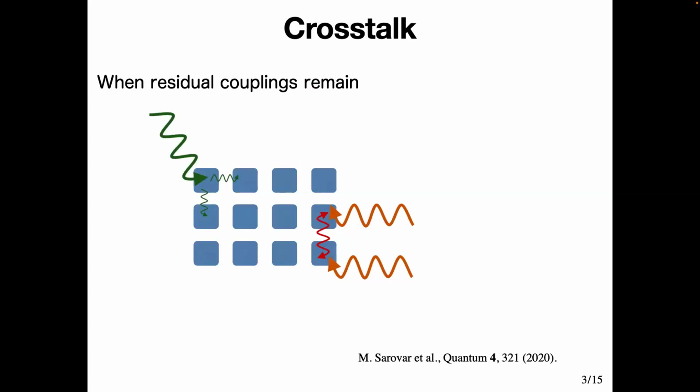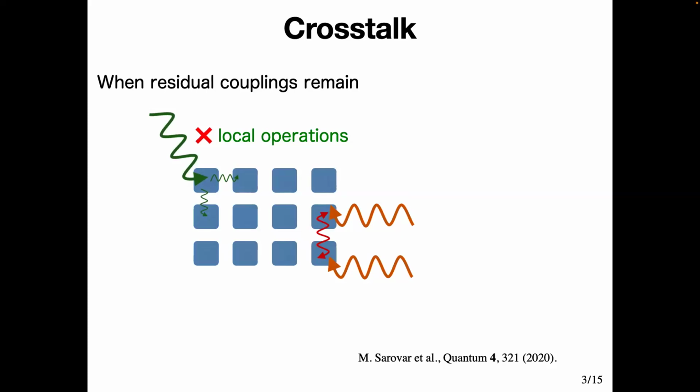When residual couplings remain, even if we want to apply a single qubit gate here, some unwanted effects propagate to the neighboring qubits.